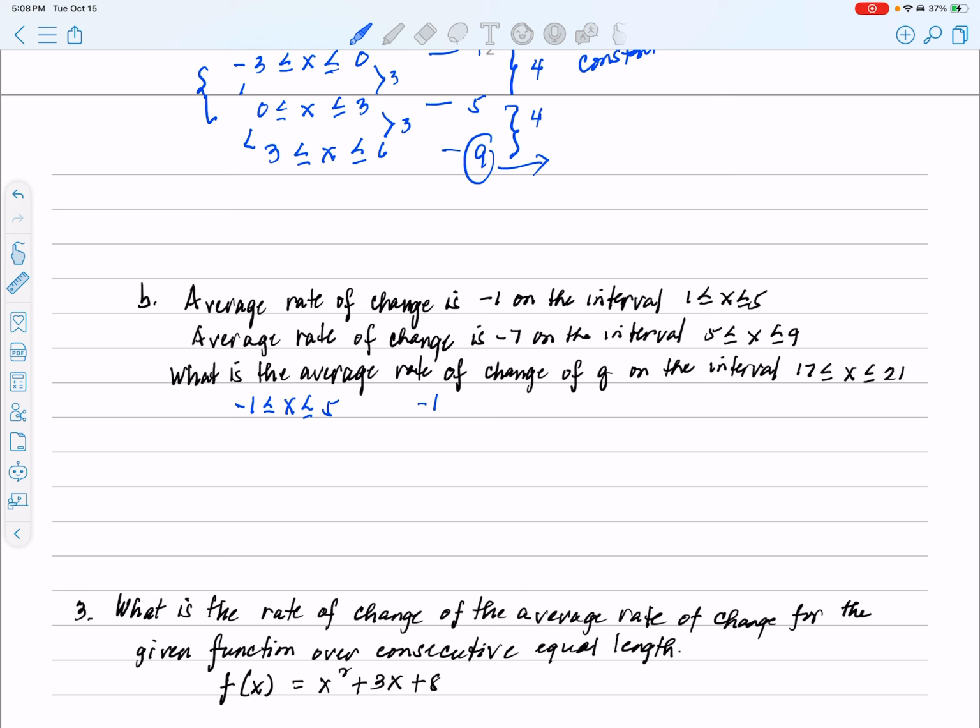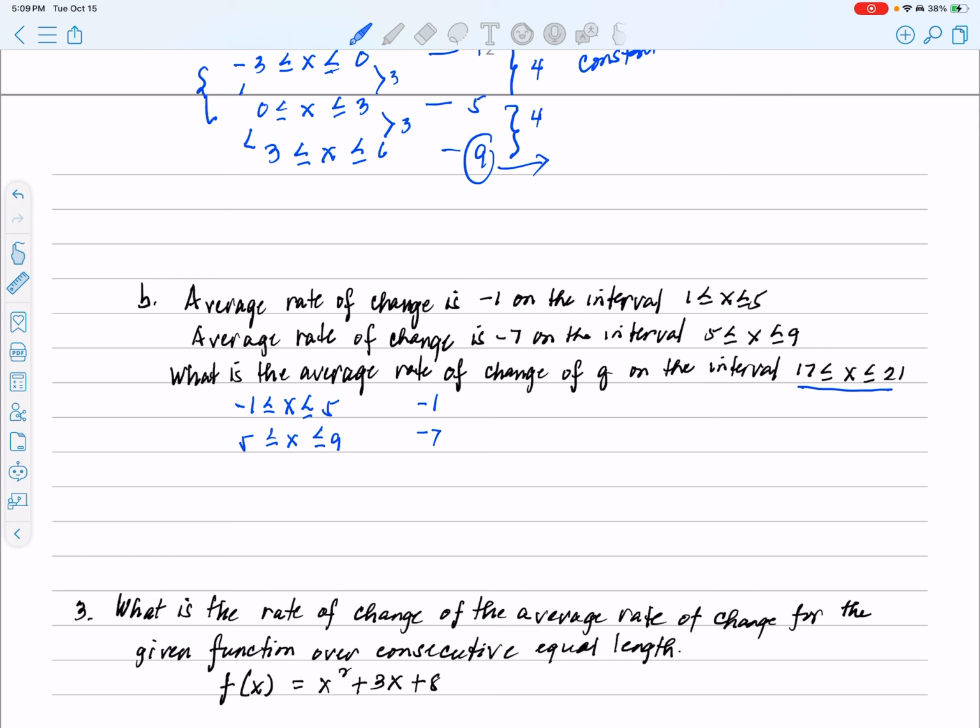What is next? When it's 5 to 9, the average rate of change is -7. What is the average rate of change from 17 to 21?